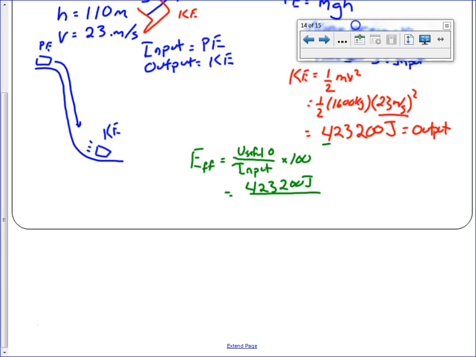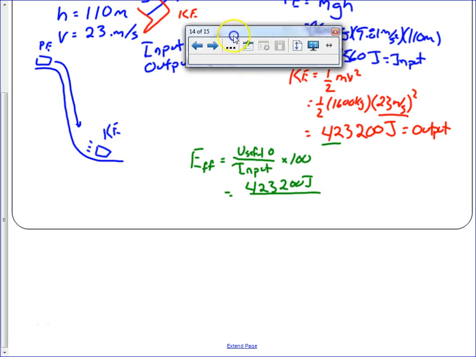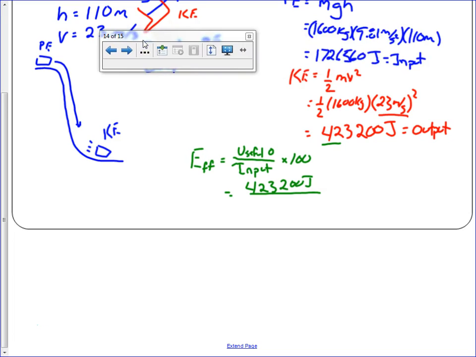We know we have two significant digits here from our calculation, and our input was 1,726,560 joules, again, with three significant digits from the calculation. We times that by 100, and we get an answer of 24.5%. Since we have two significant digits, it becomes 25% efficient.